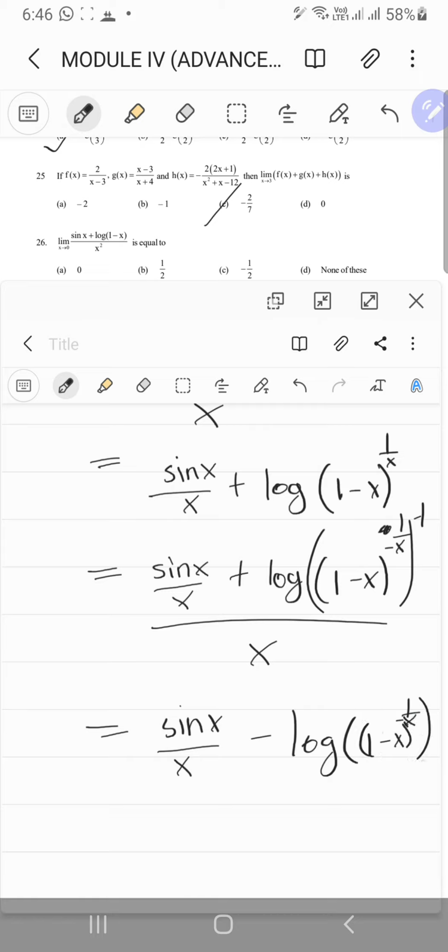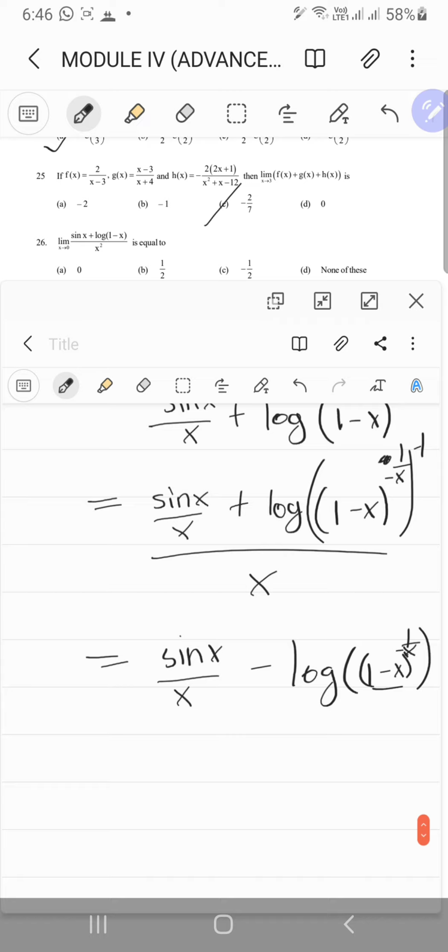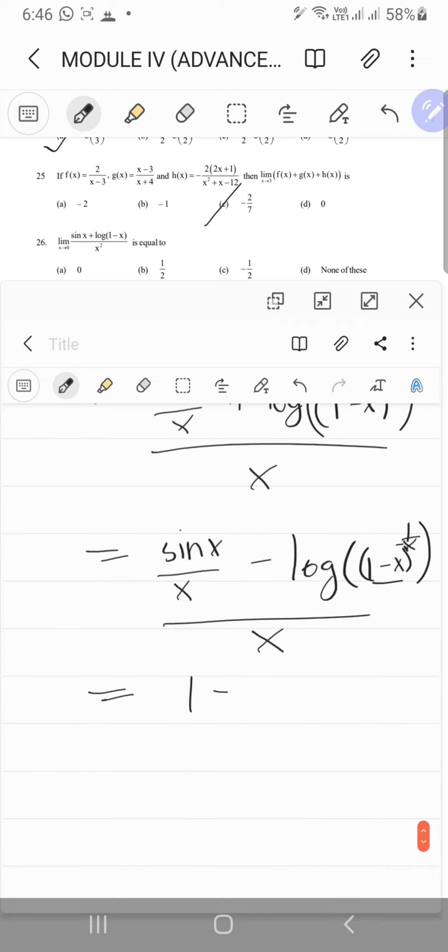This thing raised to that power looks like e a lot now. As x tends to 0, this thing should tend to e. So this is 1 minus 1 upon x upon 0. I don't know, something is off. This is not working. Okay, fine, now what?